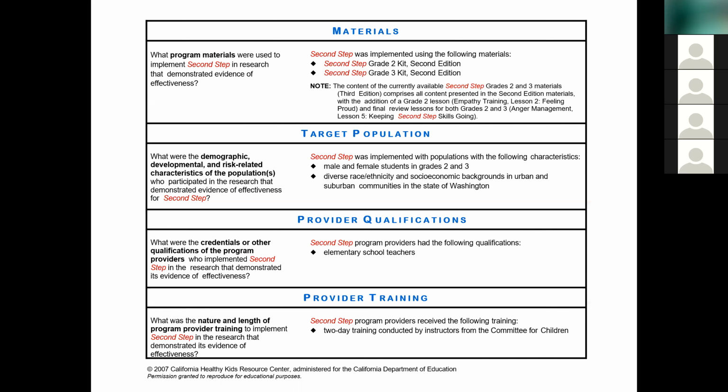And so that's a qualification for your particular providers. Maybe it's that they are comfortable in group settings because they're going to be a group leader. Maybe it's that they have access to reliable transportation because they're driving all over the place to go to various home visits. That kind of thing.